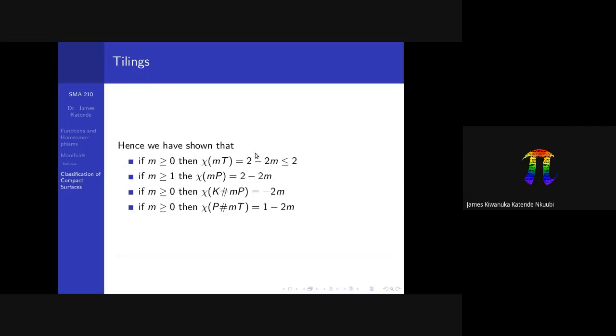But they will always be even numbers. So you must take note. This will always be an even number, the Euler characteristic of the torus. And the largest positive value it can have is 2. It cannot go beyond 2. Now, also, if you consider the MP, then this will be equal to 2 minus M.